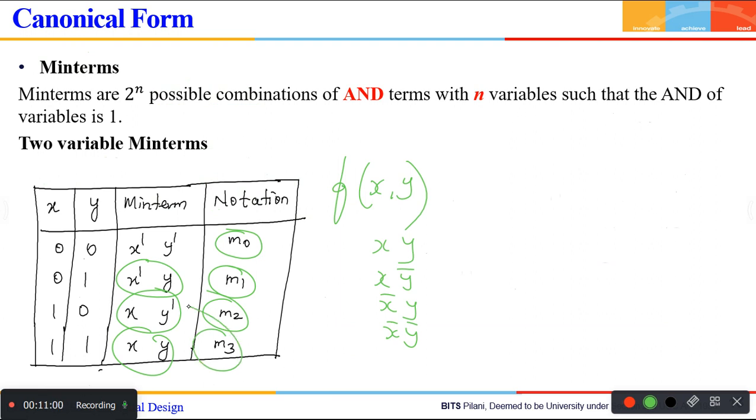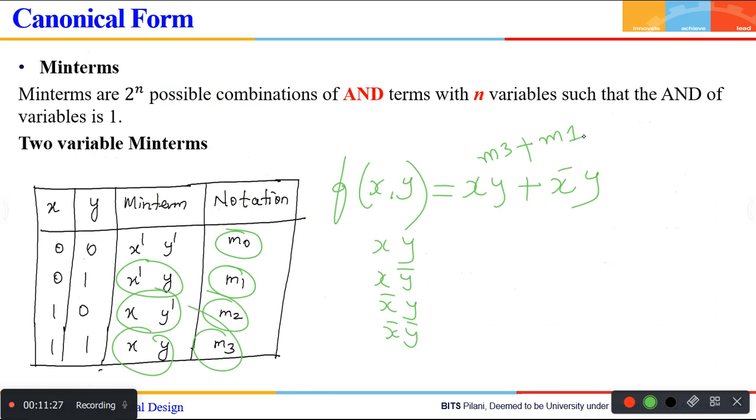Suppose I have an equation, xy plus x bar y. Consider an equation f of x comma y. Can you write this in terms of min terms? It is equal to m3 plus m1.